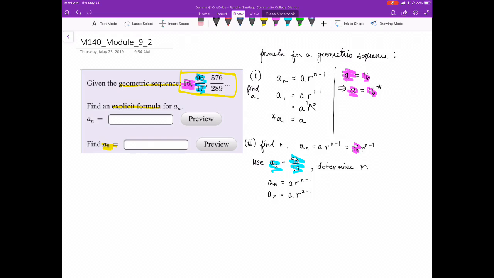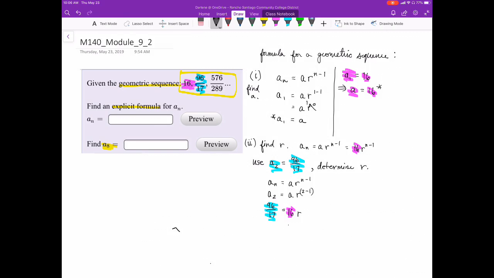So I do know that a sub 2 is 96 over 17, which is equal to a, which is given to be 16, and then r to the 2 minus 1, which is just 1, which is just r.